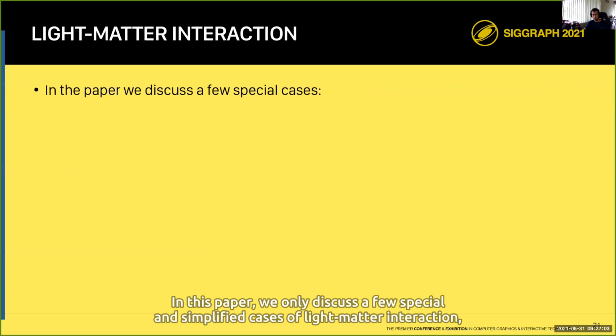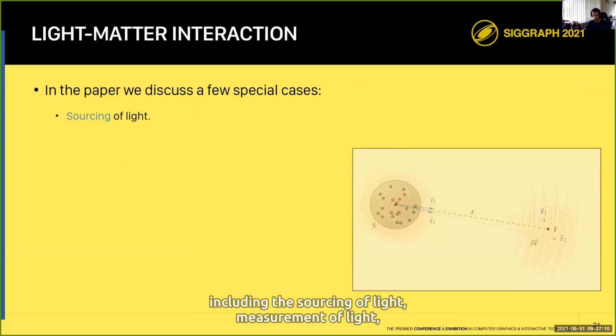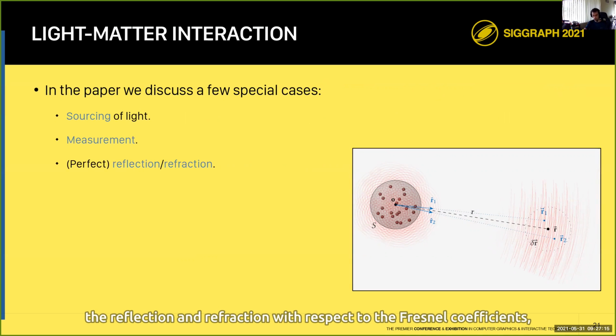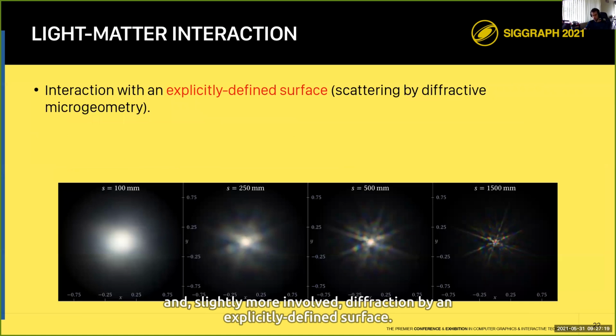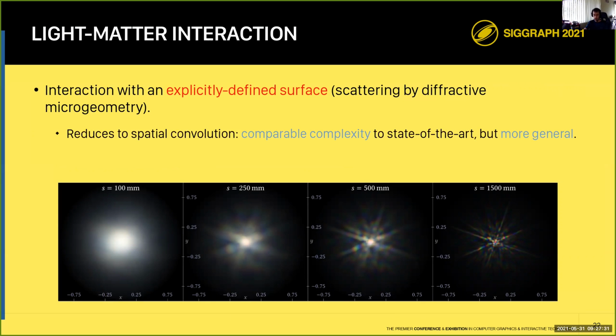In this paper, we only discuss a few special and simplified cases of light-matter interaction, including the sourcing of light, a measurement of light, reflection and refraction with respect to the Fresnel coefficients, and slightly more involved, diffraction by an explicitly defined surface. We show that under our formulation, this interaction with an explicitly defined surface reduces predictably to a simple spatial convolution.